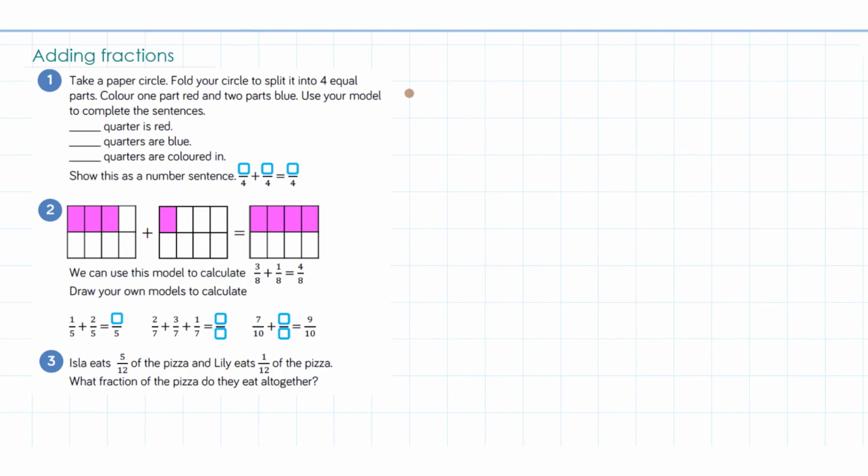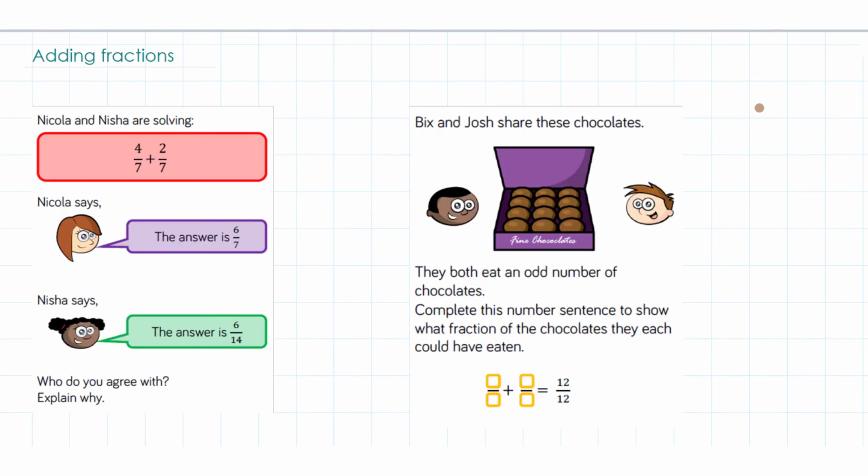Great work so far. Now some questions for you to do in your own time at home. Here are the first 3. So thinking carefully about your understanding of adding fractions now. 2 problems, reading and thinking very, very carefully, and choose a good method each time to help you answer the questions.